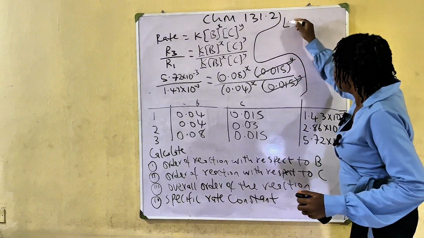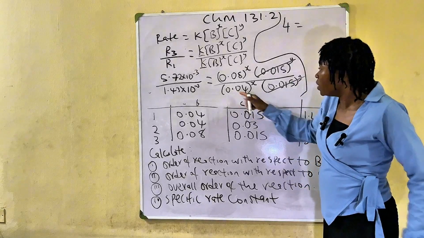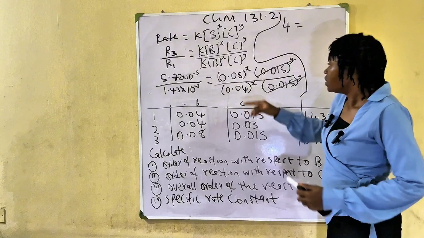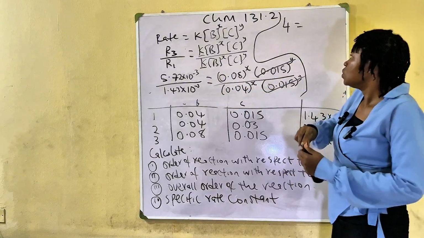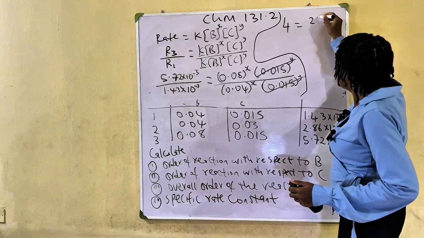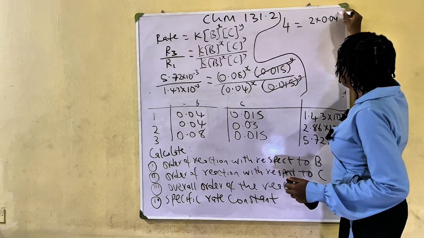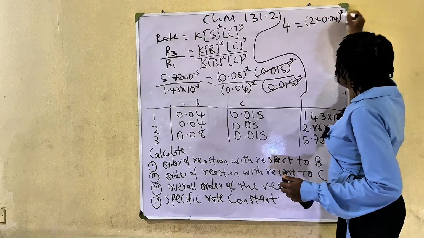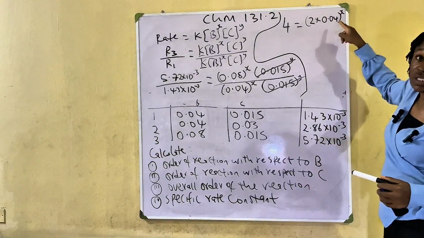So 4 is equal to, look at this, 0.08 divided by 0.04, which is 2. This value 0.08 is 2 times 0.04.